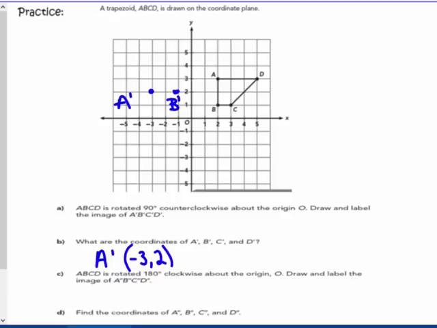Pretend it's on -1, 2. So B's image is -1, 2. C's image is -1, 3. Big comma there. -1, 3. It's going to drive me nuts. And D's image is -3, 5.